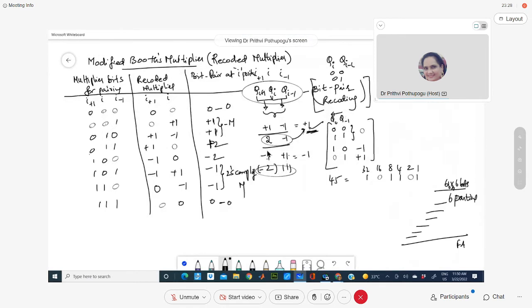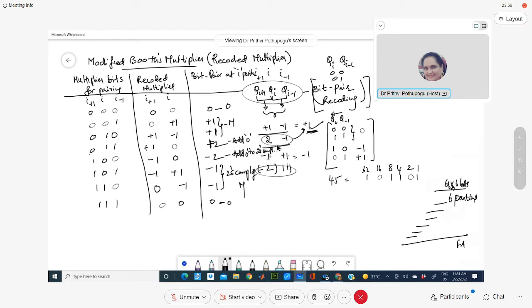Where did we stop? Plus 2 means we add 0 to the magnitude. Add 0 to the magnitude means shifting one bit towards the left. So add 0 to M. For minus 2, this is adding 0 to the 2's complement of it.